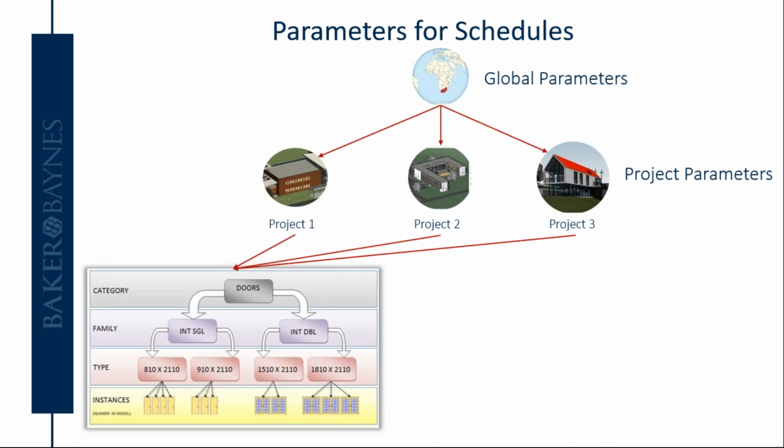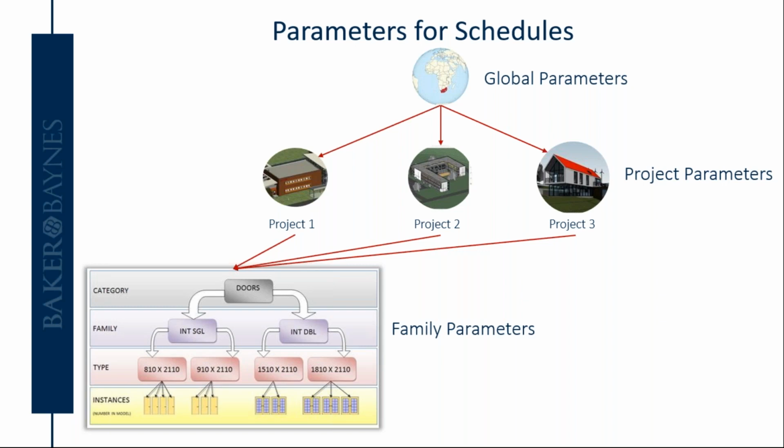And then each element as they appear in the model is your instance. So when you are looking at the information at the various levels, whether it be the family, the type, or the instance, that's also types of parameters that exist. So various families will have family parameters that are applicable to that entire family.